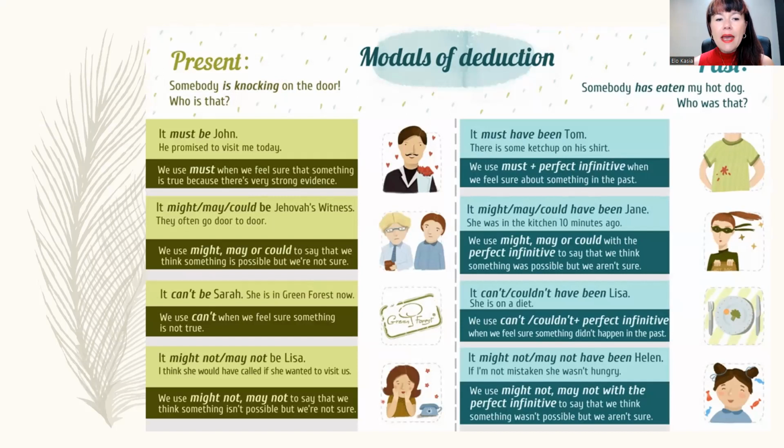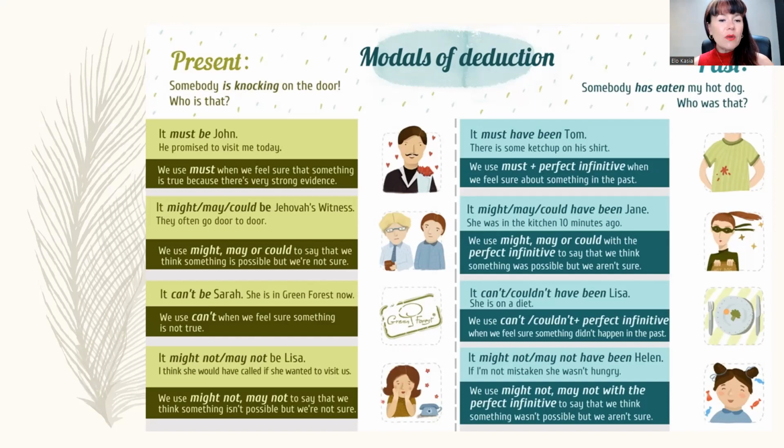Now, it might, could be a Jehovah's Witness. They often go door to door. It's possible. We use might, may, or could to say that we think something is possible, but we are not sure. It can't be Sarah. She's in Green Forest now, so we are sure it's not her.